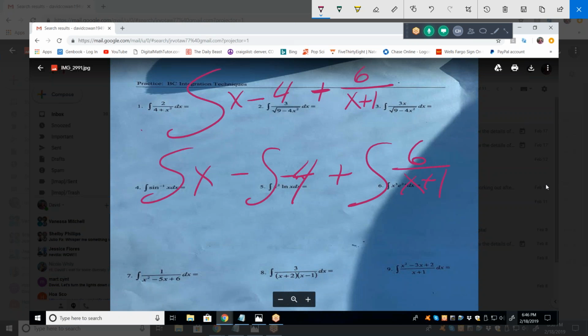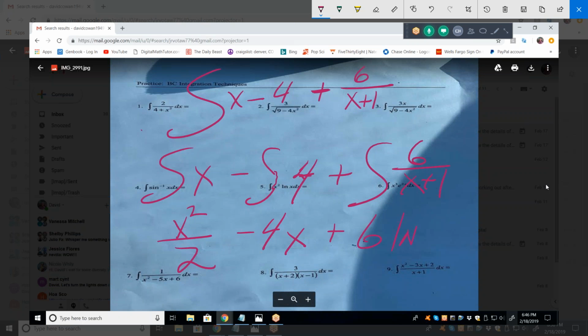What's the integral of x? x squared over 2. Keep going. And then minus 4x. I'm sorry, I have 2 negative signs there. I don't mean that. That negative is out in front of the integral sign. I don't want it twice. Okay, yeah, so minus 4x plus, would that be 6 ln x plus 1?